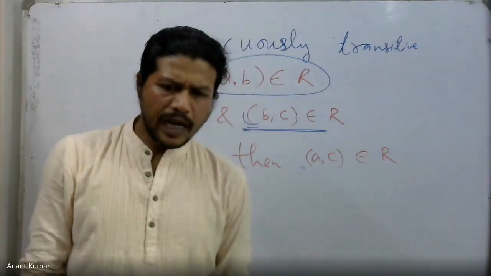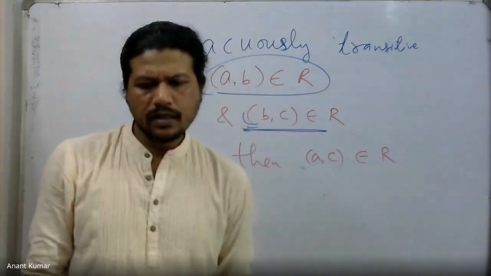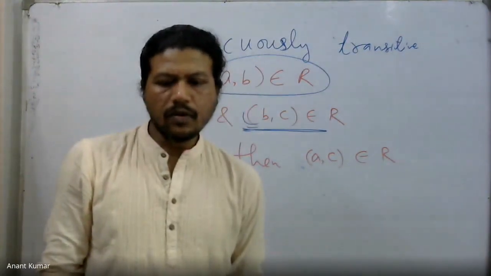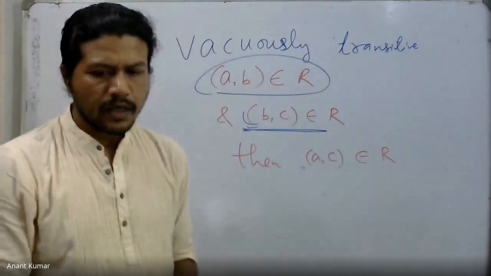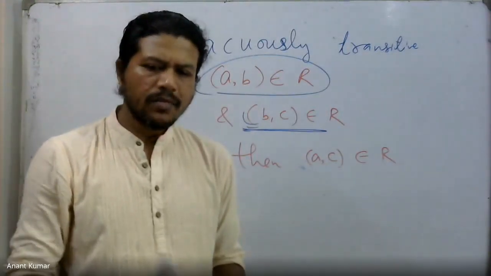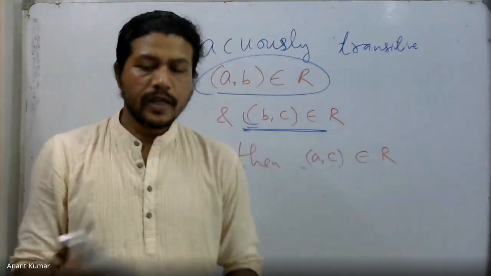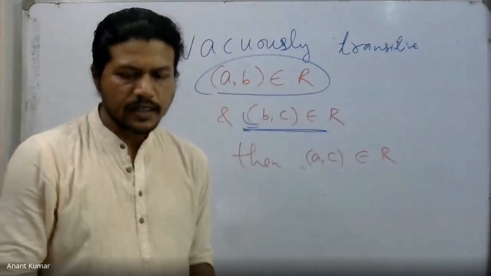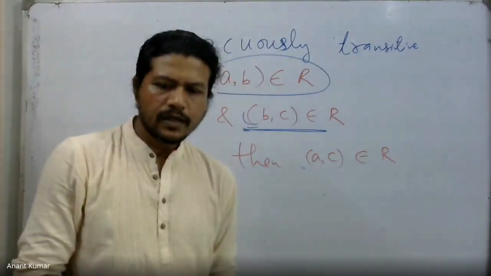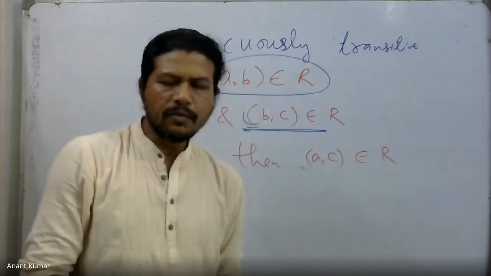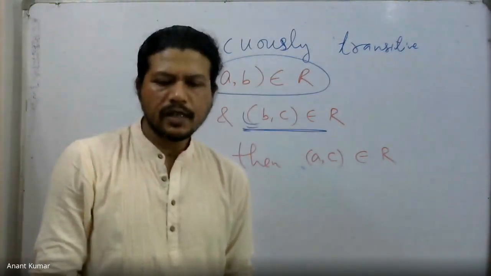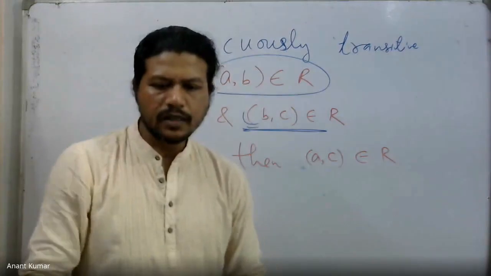If A comma B and A comma C are present, then B comma C is missing. If AB is there but BC is not there, then AC is not required, but it is there, so there is not a problem. According to that particular definition, the empty set is basically something which is there.